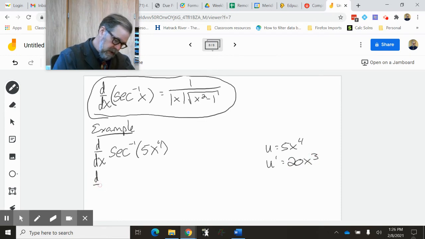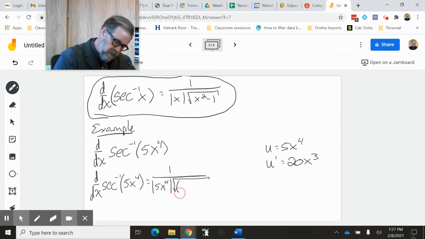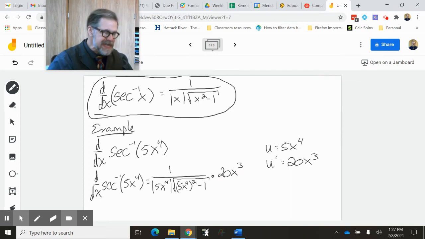The derivative with respect to x of this function is therefore 1 over the absolute value of u times the square root of u squared minus 1 times the derivative of u, 20x cubed.